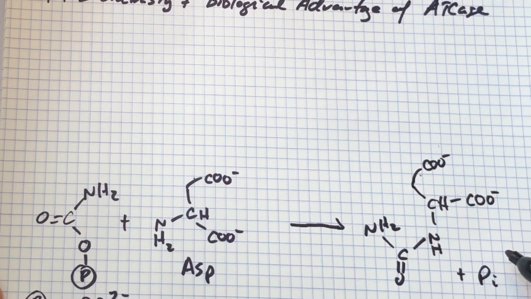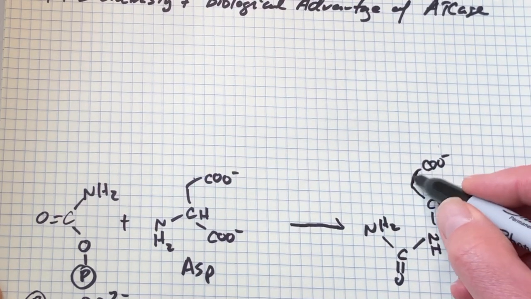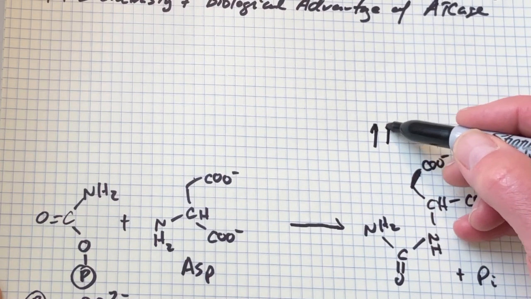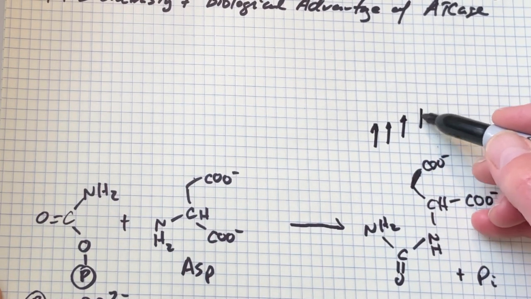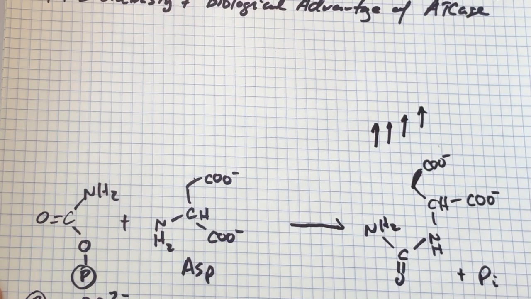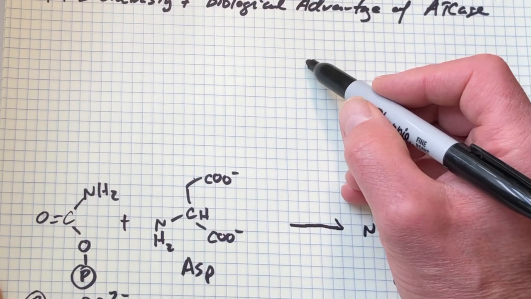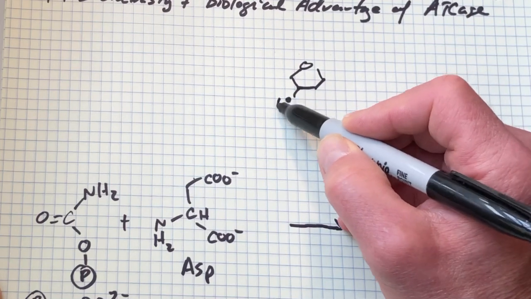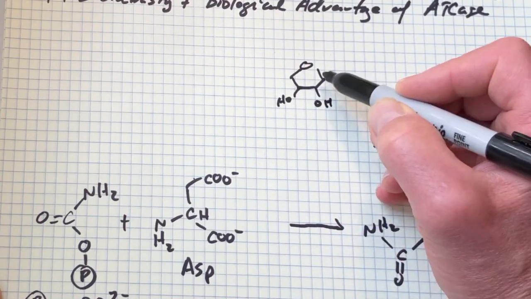aspartate. And then after several other enzymatic steps catalyzed by other enzymes, which we're not going to draw out here, we arrive at a molecule of CTP, which we'll draw out in its molecular form here.